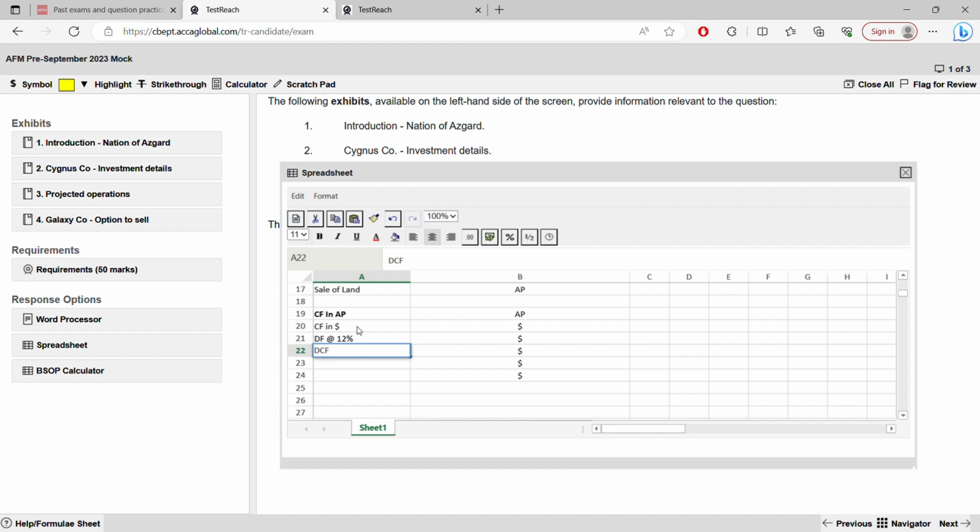That means after you multiply the cash flow in dollar with the discount factor, you get the discounted cash flow. Then what's the final thing? Net present value, in millions.